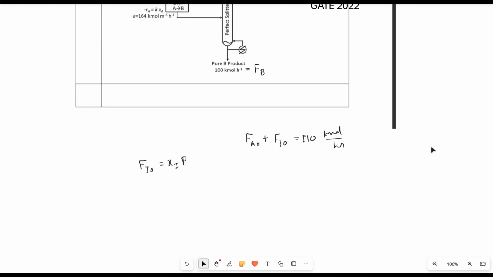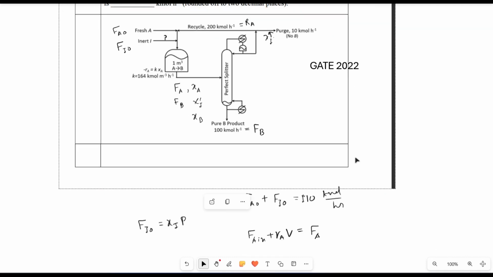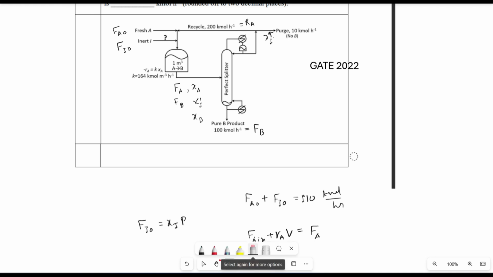Now, as this is a CSTR, F A in plus R A V is equal to F A. Suppose these streams are FA and FB, with concentration XA, and the remaining will be inert and B. Let me denote xi prime and xb prime to maintain uniformity.